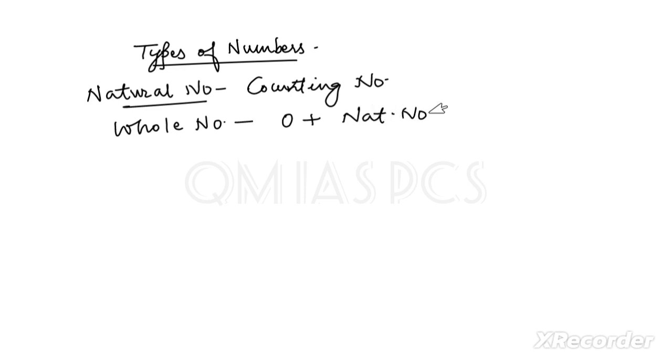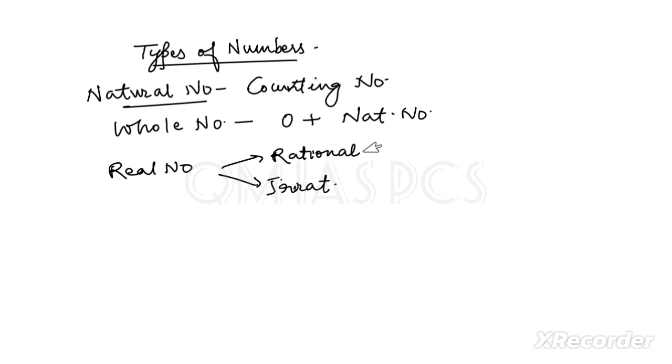Then you have to understand what real numbers are. Real numbers are rational as well as irrational numbers. Is it clear? Rational number means what? This means fractions, and you can include decimals also. Clear?